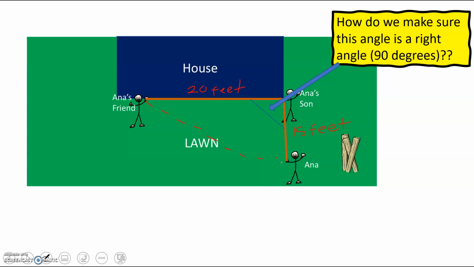So we're going to use what we know about right triangles. Now we have learned previously that all right triangles satisfy what's called the Pythagorean Theorem.